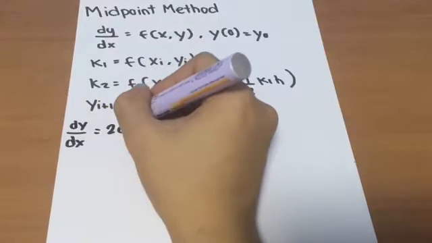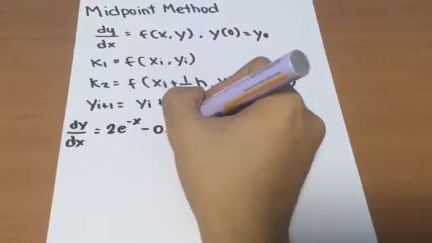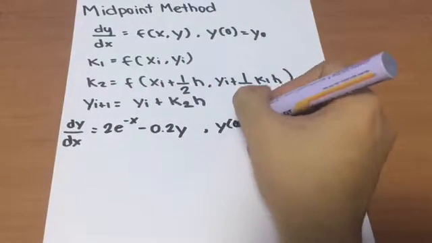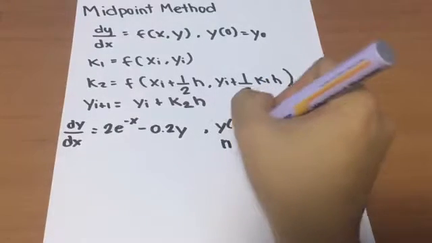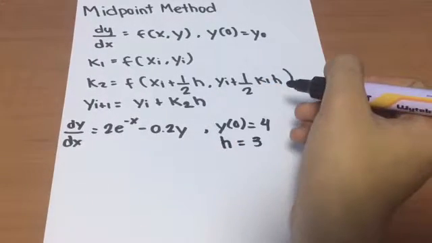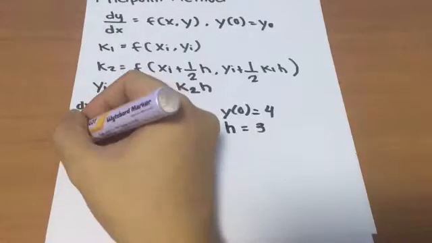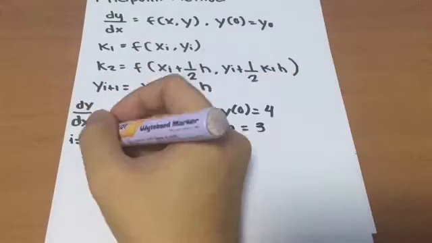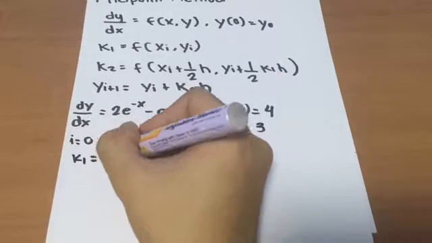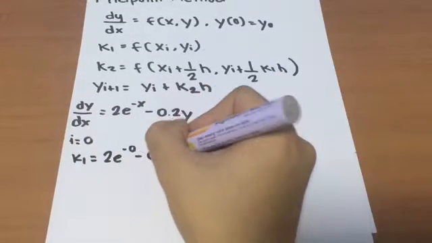So we go directly to our example. Just a reminder, guys, because we have this rule in ODE wherein we cannot solve the given equation if it is not in the form of dy over dx equals our function.